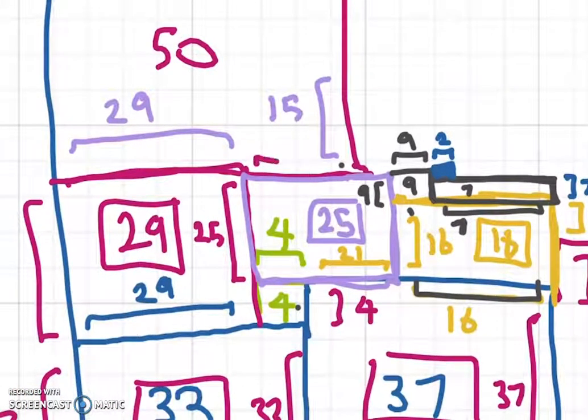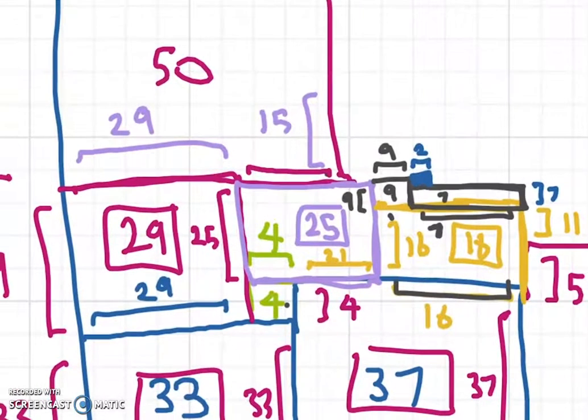So this distance over here is 50 minus 29, which is 21. This distance over here is 25 minus 21, which is 4. And since 4 plus 9 plus 2 is 15, the square will cover this whole region.